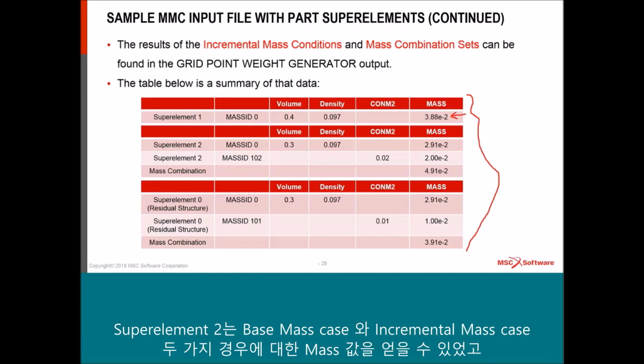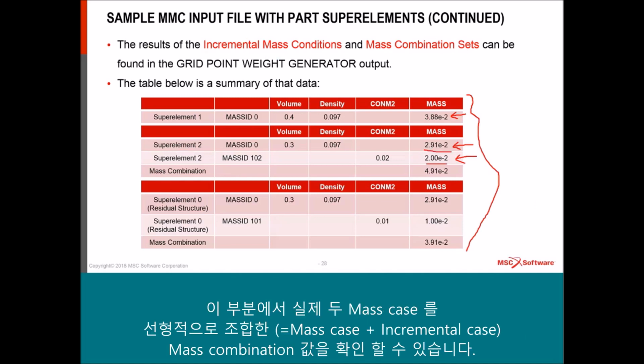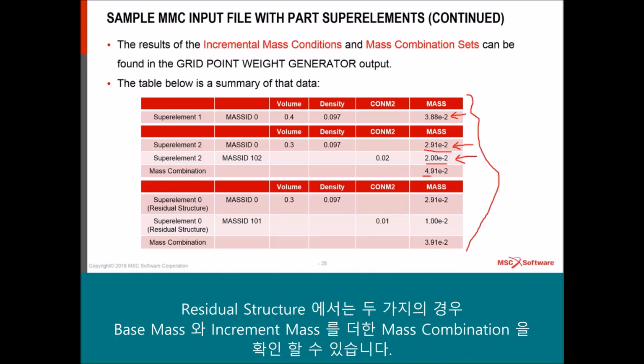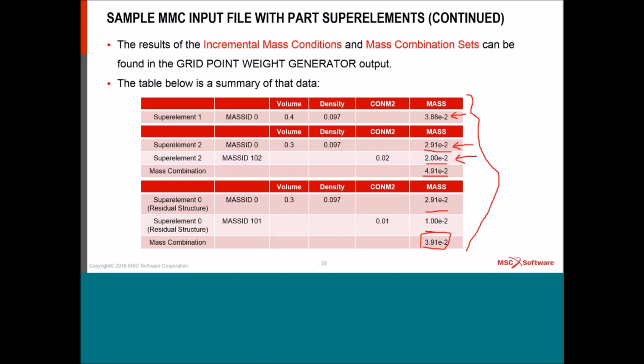Superelement 2, which has the base mass and a mass increment, will output these two masses. And here is where the linear combination really comes into play. The mass combination gives you the sum of the two. In our residual structure, the same thing happens: we have the sum of the base mass and mass increment together, giving us the mass combination.